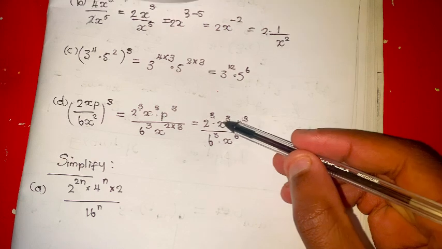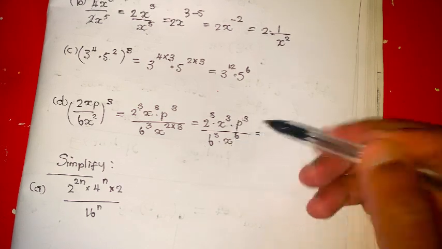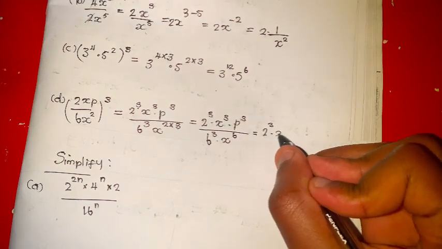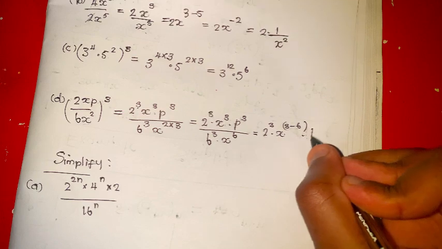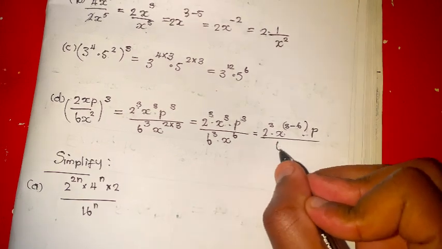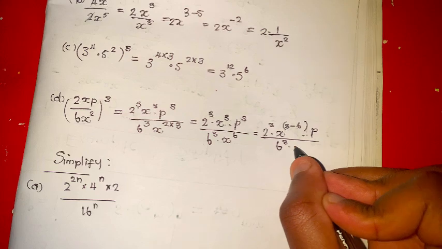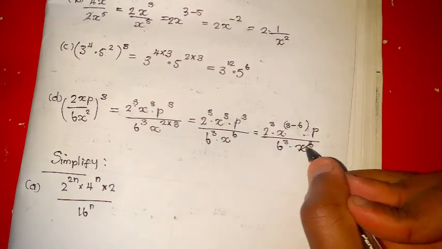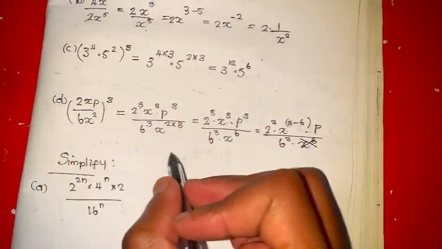So here we have x and x. So this tells us that we can subtract the exponent of x. So you'll have 2 to the power of 3 multiplied by x to the power of 3 minus 6 multiplied by p over 6 to the power of 3. This x is not there anymore since we have it here, so you're not going to express it.